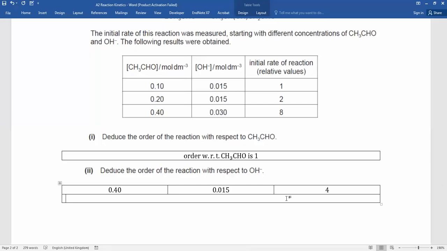This is a fourth experiment that we constructed on our own, knowing the order of the reaction. Now tell me one thing, compare the fourth and the third one. Whatever I told you, take the higher value divided by the lower value. In the fourth and third experiment only OH minus is changing, right or wrong?